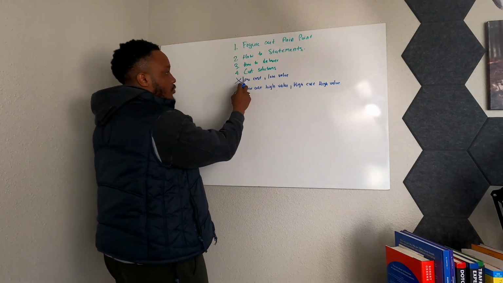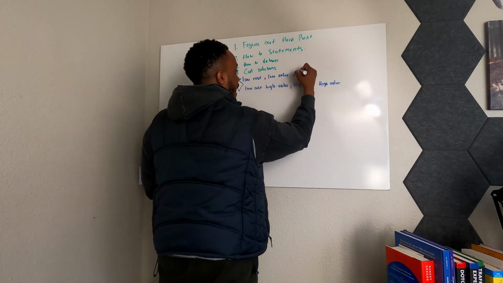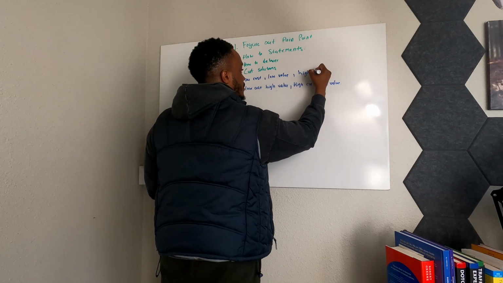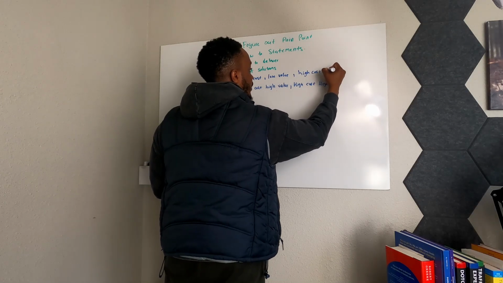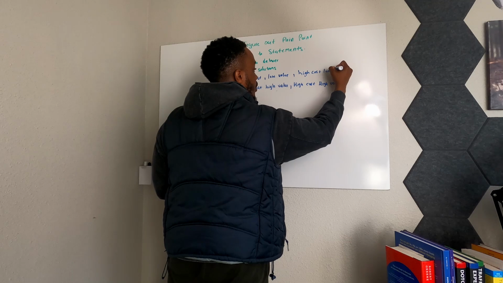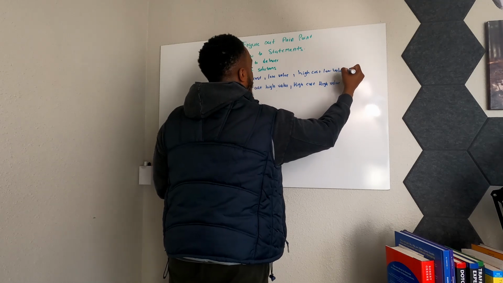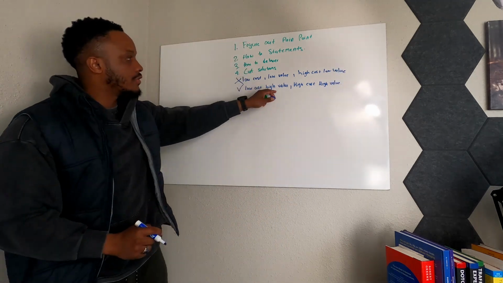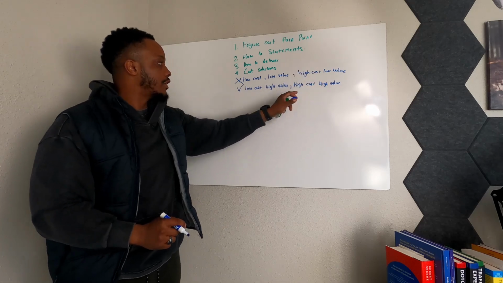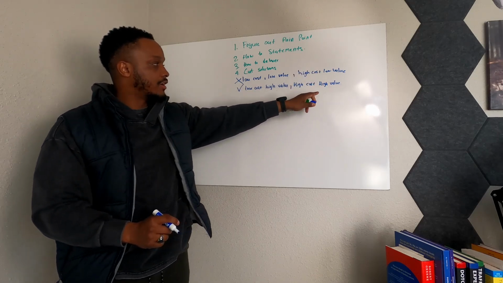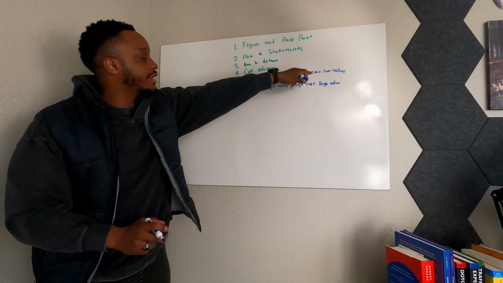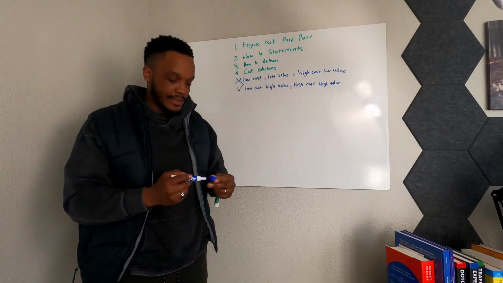And high cost, low value, get rid of that also. So you get rid of low cost, low value and high cost, low value, and you keep low cost, high value and high cost, high value, right?